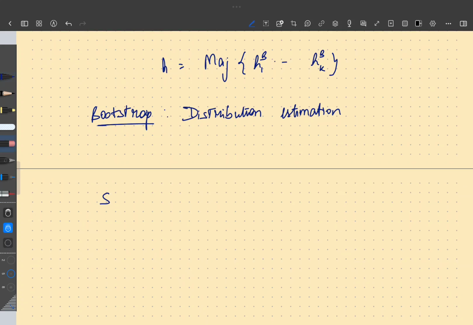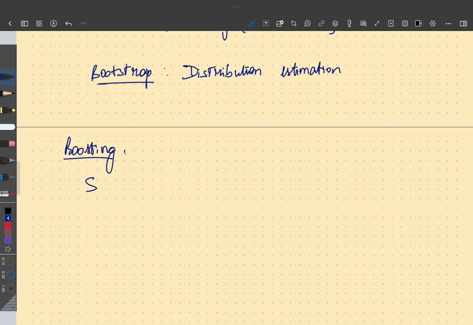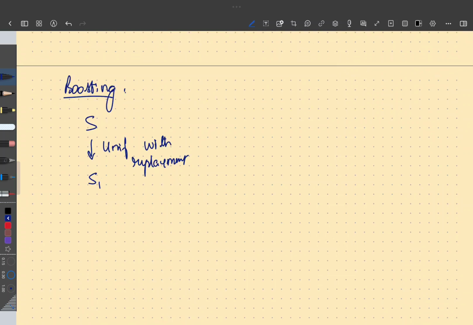So in boosting, the idea is the following. You are given a data set S. The idea is first you sample uniformly and with replacement to get a data set S1, and now given S1, you run ERM to find a predictor H1B.